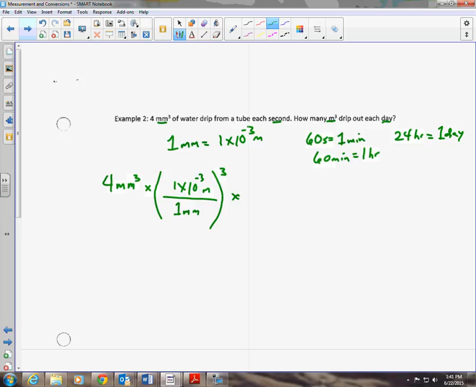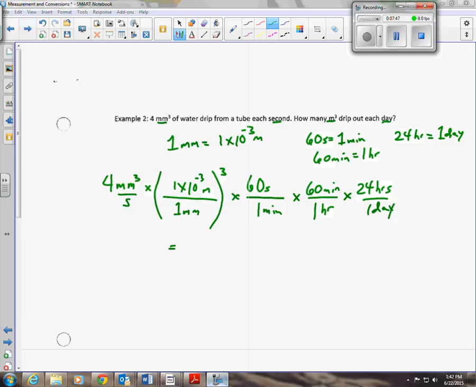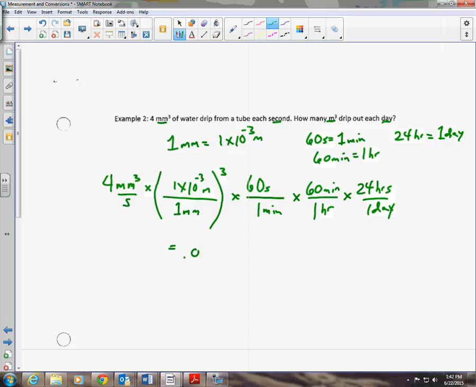And this was per second, so now I have to get the time to cancel. I put 60 seconds on the top this time, because seconds is on the bottom, in 1 minute, times 60 minutes in 1 hour, times 24 hours in 1 day. And to do that, we get a value of 0.000346 meters cubed.